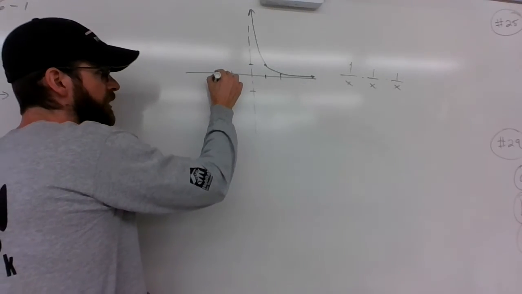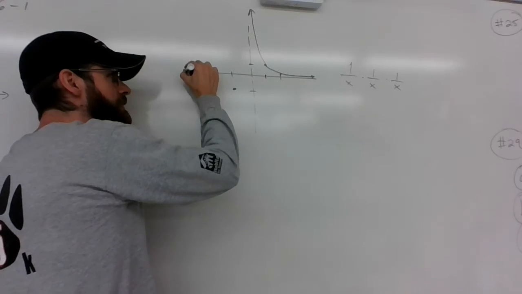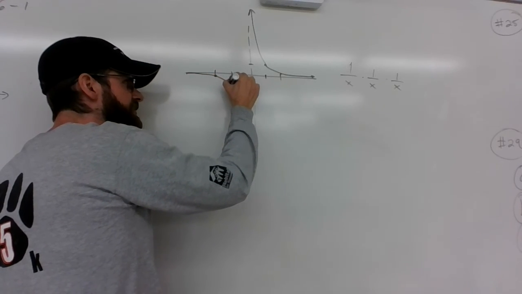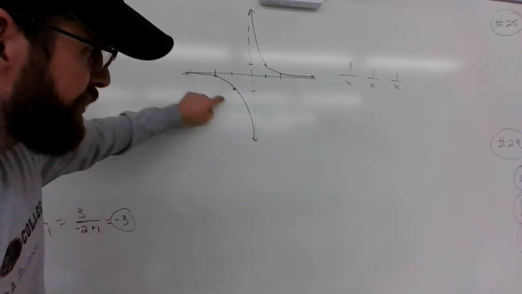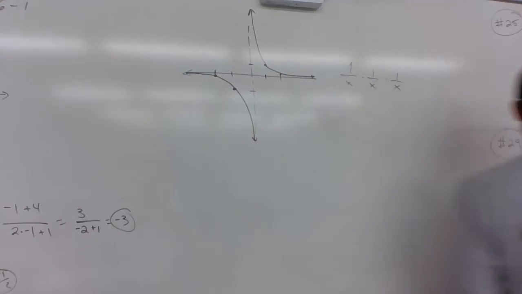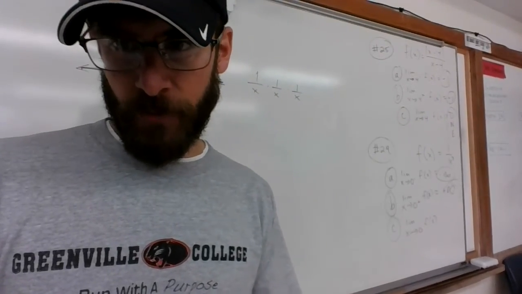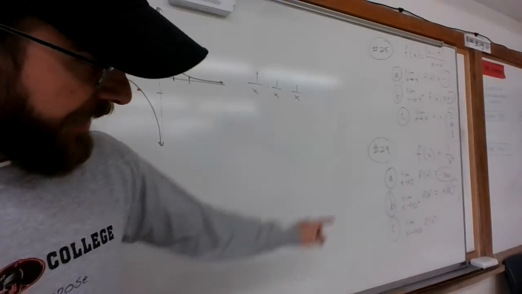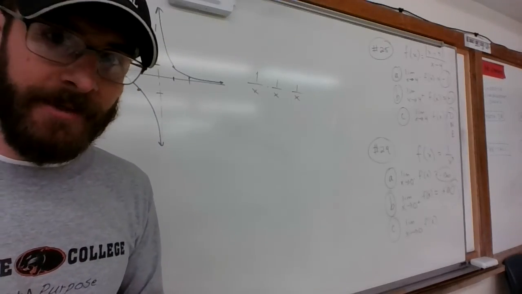So we're never crossing the x-axis. From the left, you're going to negative infinity. You didn't see that, but I wrote negative infinity. And then at the point itself, you're not going to find a limit. It doesn't exist.